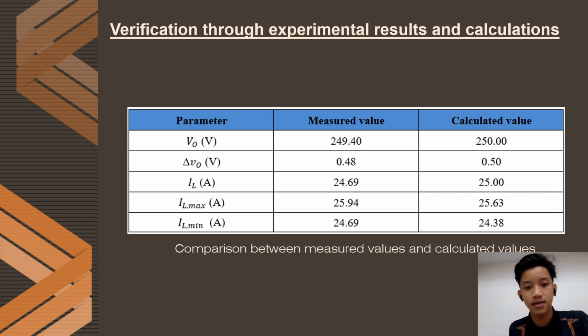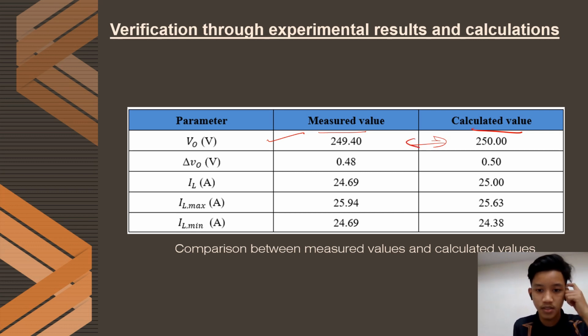Now after we have done the calculation and the measurement or simulation part, we must compare these two, the measured value and the calculated value. We can see the difference for the output voltage, the output voltage ripple difference, and the error between these two.